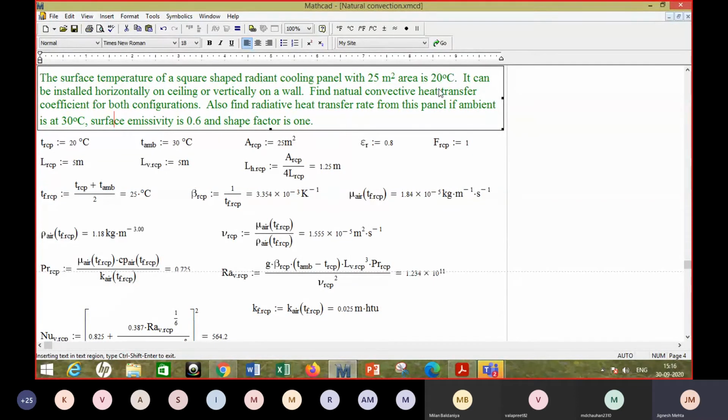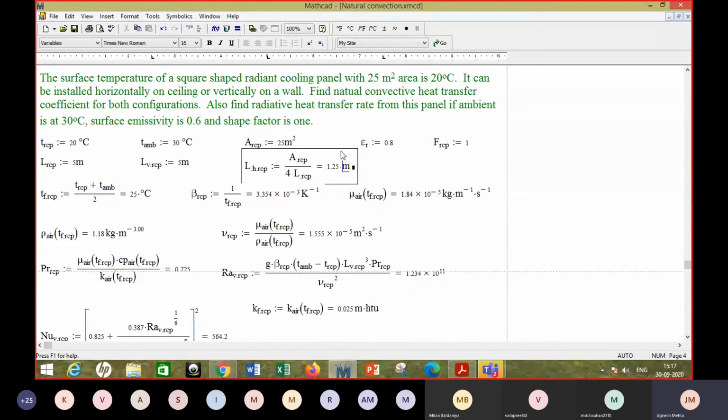So this is called radiant cooling. So you have a big plate here. It can be horizontal or vertical, and the plate is at 20. If the room air is at 30, what will be the heat transfer rate? That is what is to be found here.